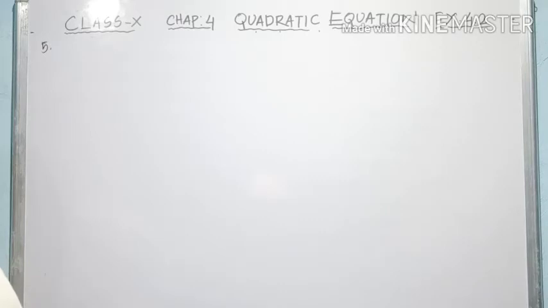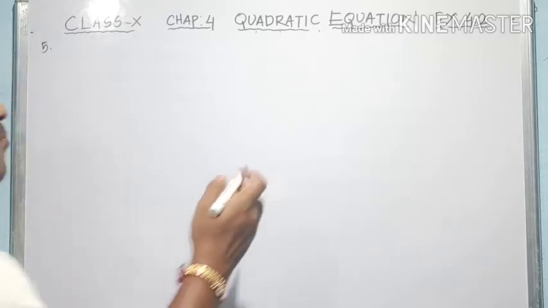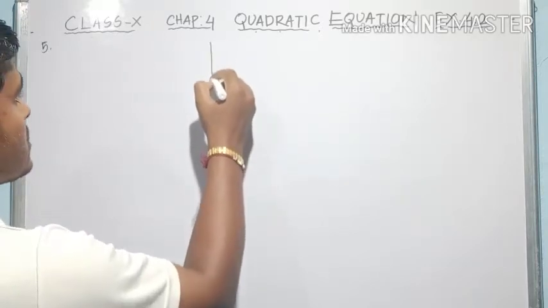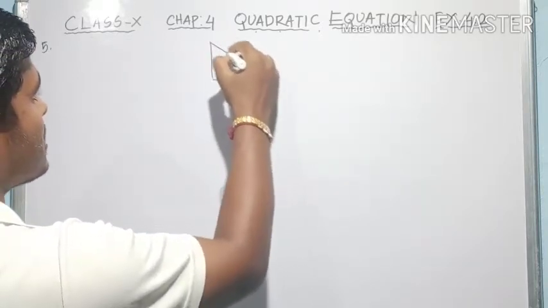Question number 5. The altitude of a right angle triangle is 7 cm less than its base. If the hypotenuse is 13 cm, find the other two sides. Let's say we have a right angle triangle here.